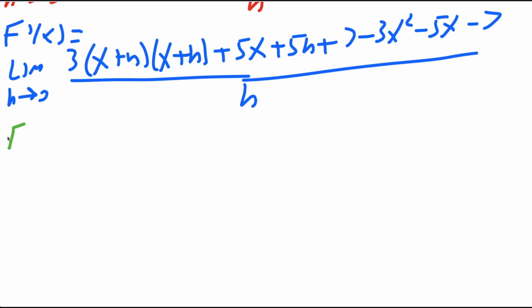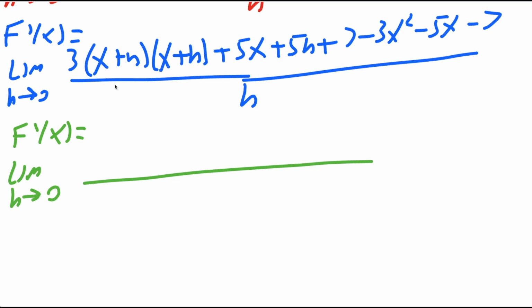So we'll continue. So the derivative of f of x is equal to the limit as h approaches 0. So let's expand this out. So 3(x times x is x squared, x times h is xh, x times h is xh. So we have two of them, so 2xh.